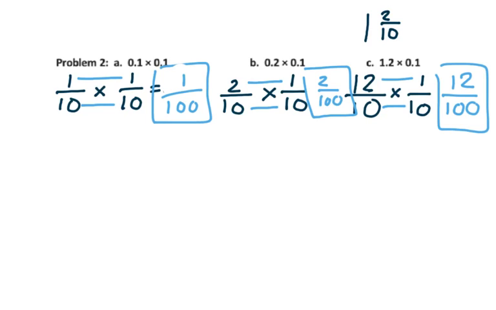Okay, if I want to look at this a little bit closer, I'm going to go ahead and see that I have 1/10, and I'm going to multiply by another tenth.